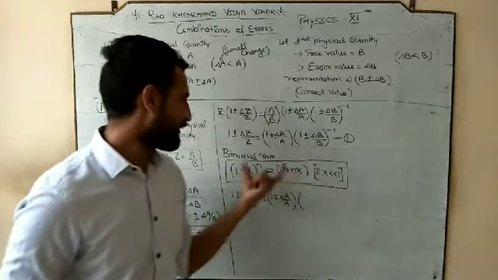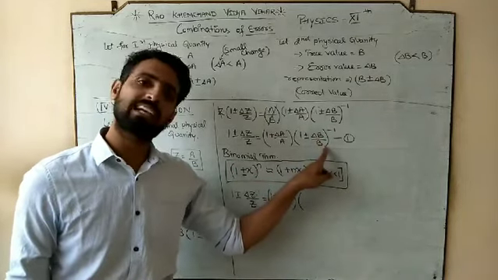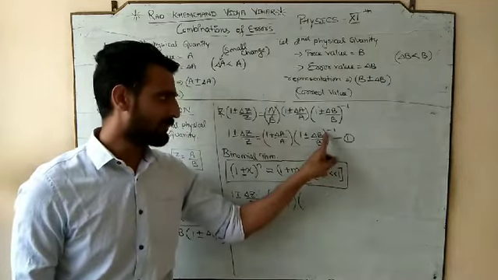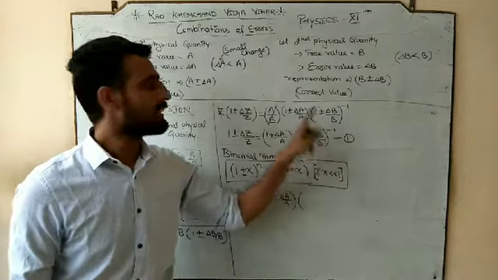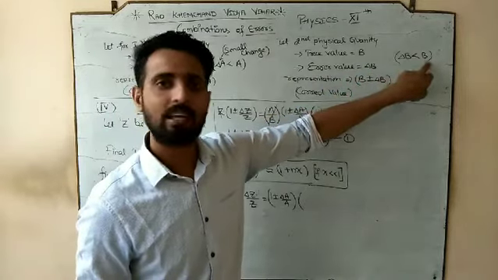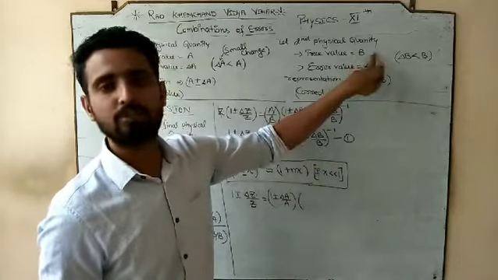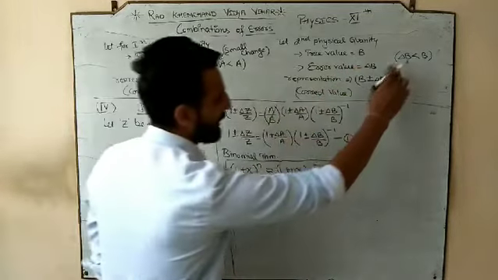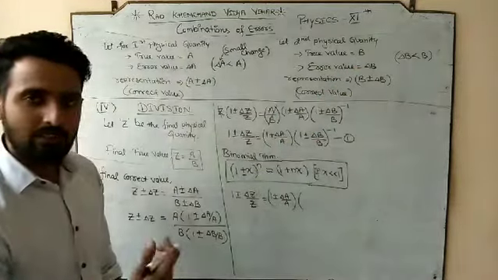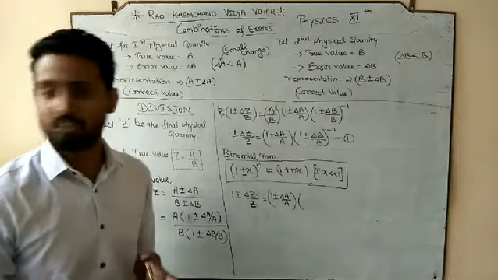Now first of all, if I want to apply this binomial theorem here, this term should be less than 1. But how can it be? Check this out. What is delta B? Delta B is the error value, which is less than B. So delta B is less than B, and in the denominator we have the true value. That's why we have written all these values, so that we can use them in future, like in multiplication and in division also.